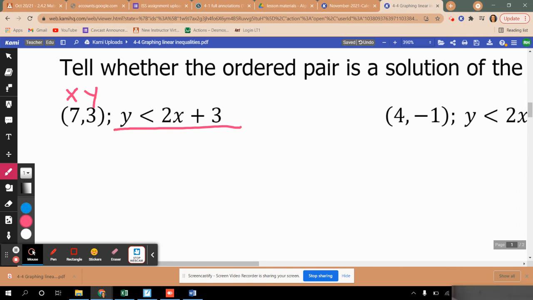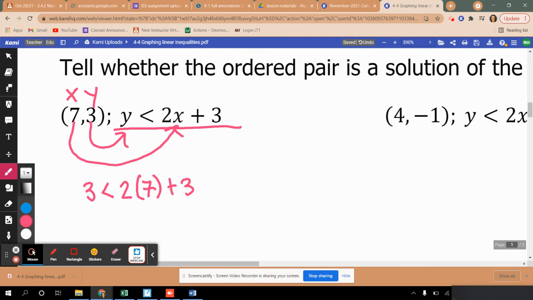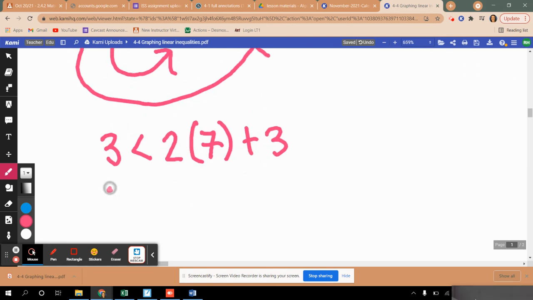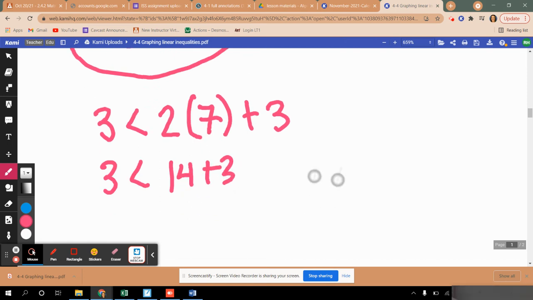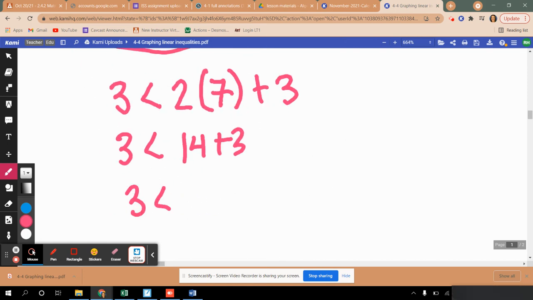Plugging in our 3 for y and our 7 for x, we have 3 is less than 2 times 7 plus 3. 2 times 7 is 14, so 3 is less than 14 plus 3, which is 17. Is 3 less than 17? Yes. So this is a solution to that inequality.